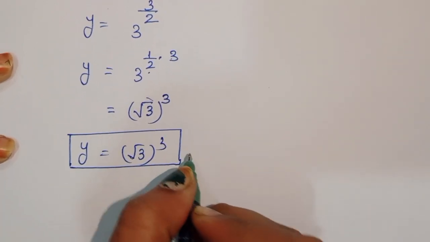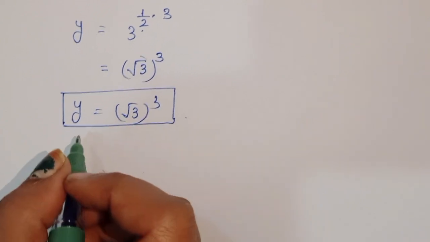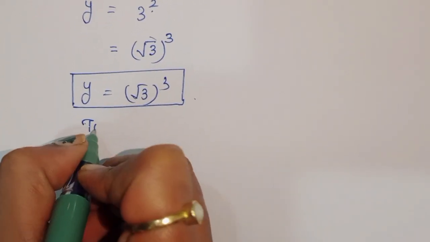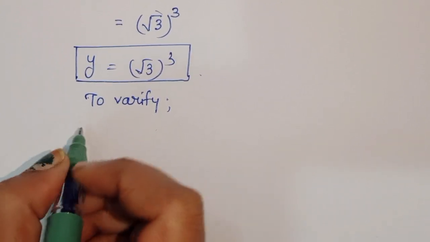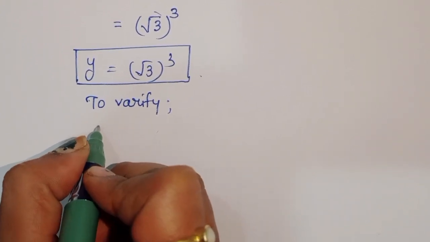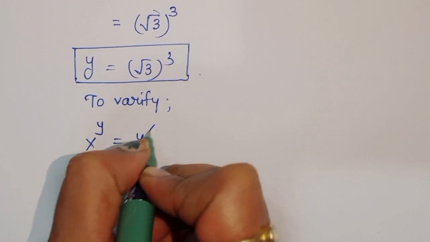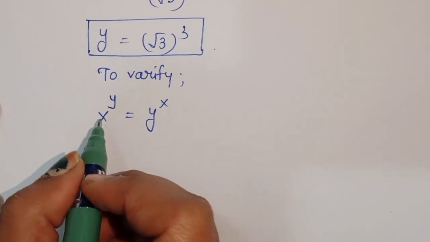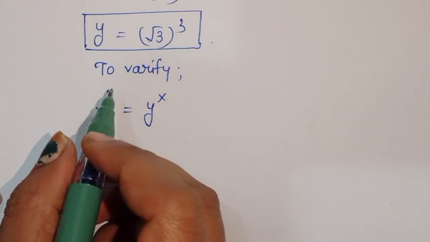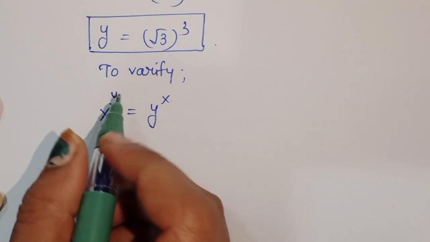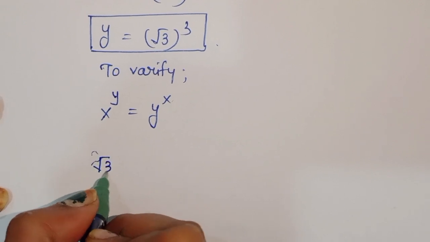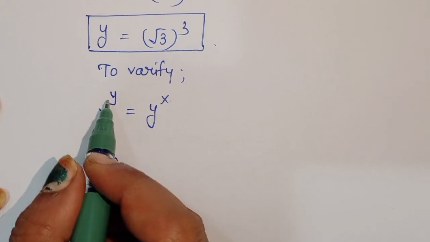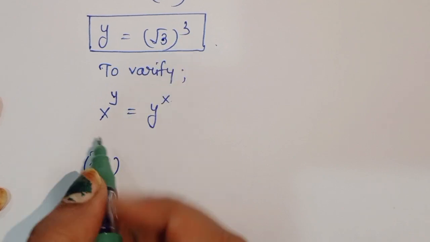Now we have to verify this value. Is this correct? To verify, we know that the question is given x power y is equal to y power x. So the value of x we got is the square root of 3, and the value of y is the square root of 3 raised to 3.